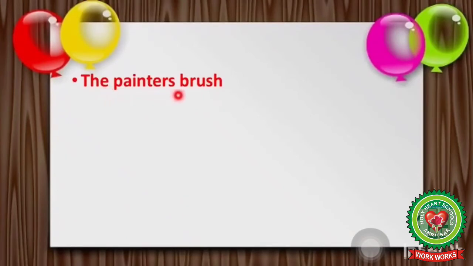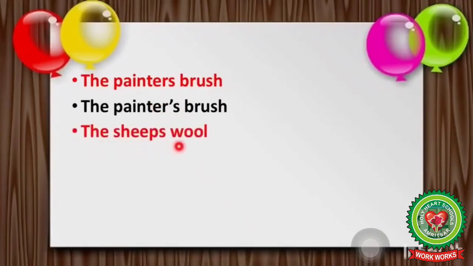The painter's brush. Here students, we are talking about painter and brush shows possession towards painter. So we will insert apostrophe before s. So it can be written in this way. The painter's brush.